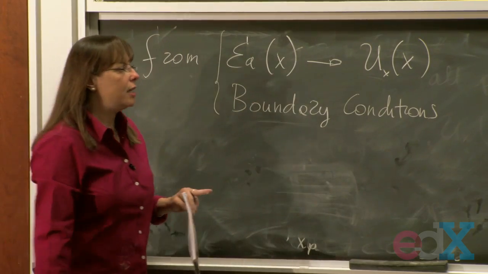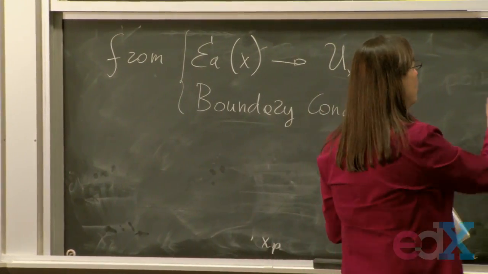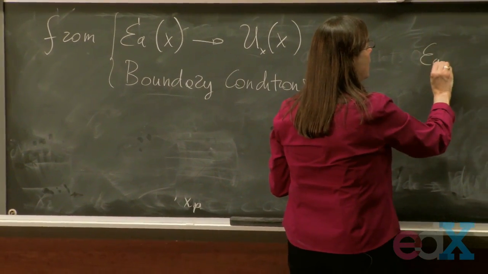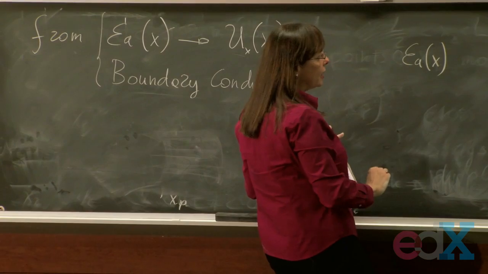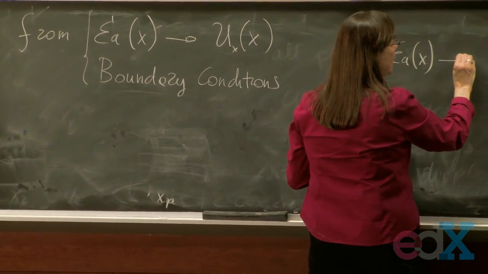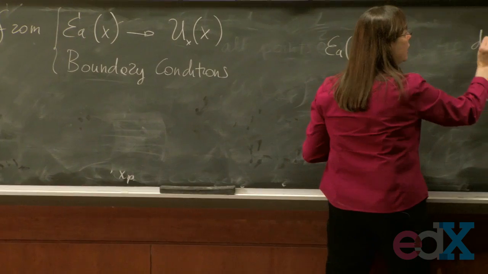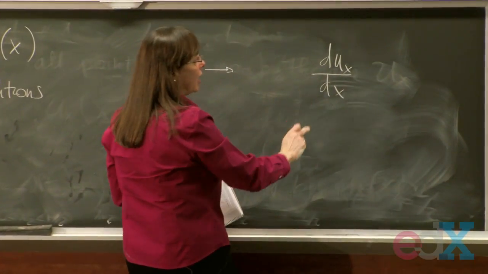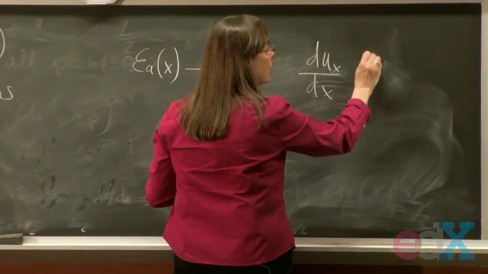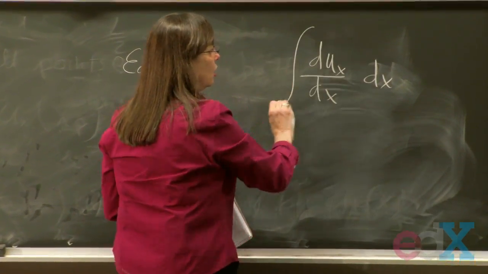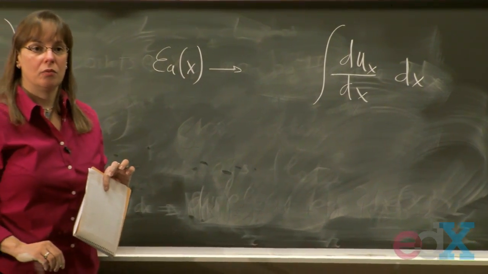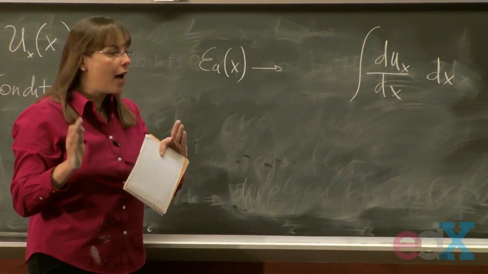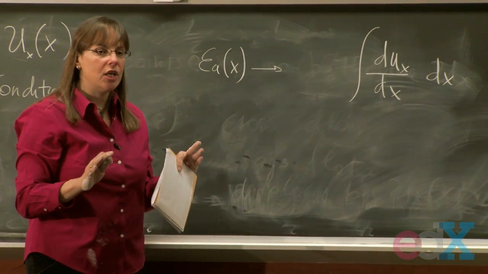Because the strain is the same as du/dx. So if I have epsilon a of x, this is the same as saying that I have du/dx. So I know I can integrate du/dx in dx to get u of x, right? But I need to know how to do the constant of integration.